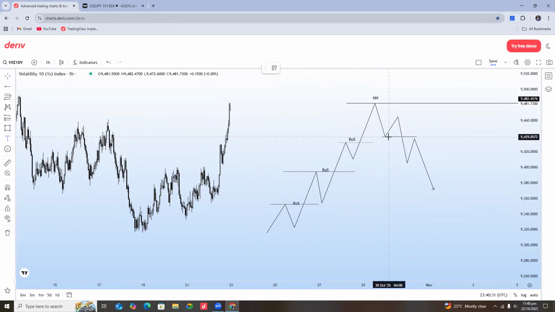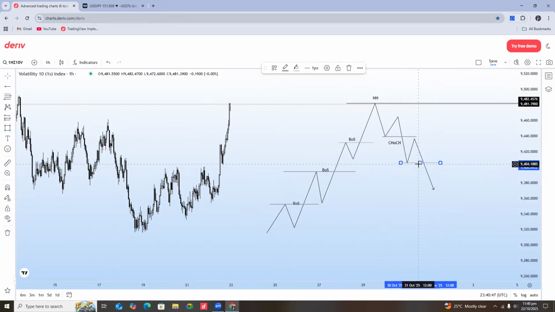So that one too, we label it as change of character. Okay, change of character. So after this change of character, then we are forming lower lows. So this is a new low that the market has formed here.